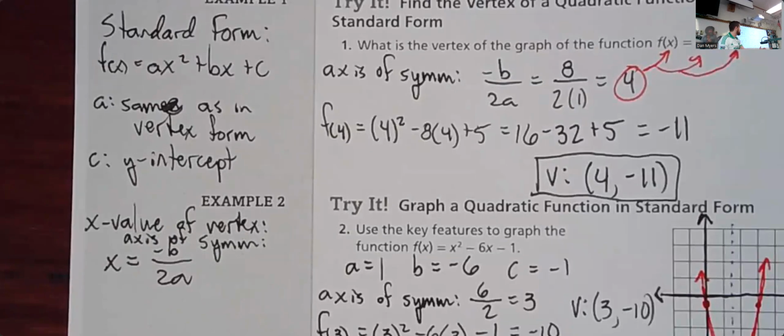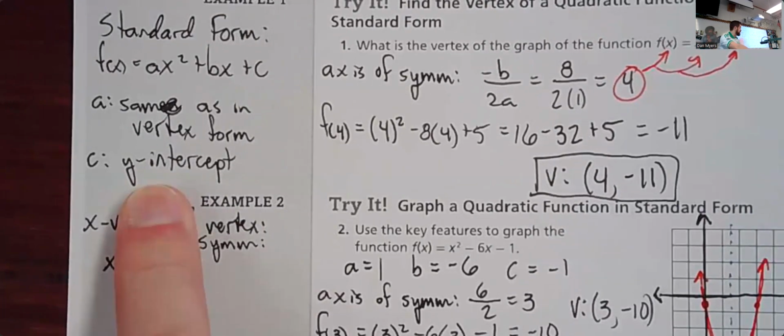That would be the axis of symmetry. So we got the vertex, right? Axis of symmetry. What else can we figure out from standard form?